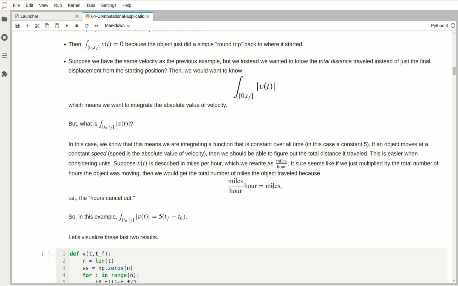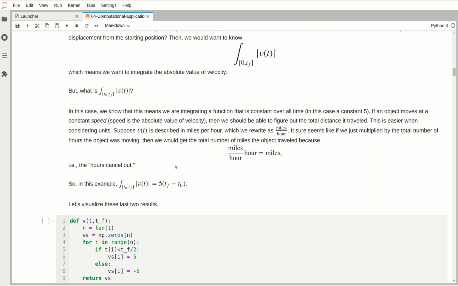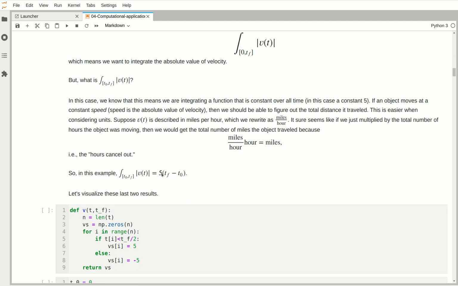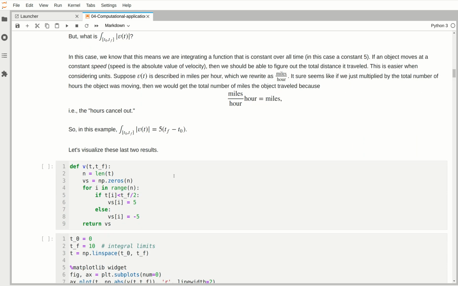This would be what shows up on your odometer in terms of the amount of distance you traveled. So in this case, this is given by 5 times t of f minus t naught, which is the length of time in hours. If 5 was given in miles per hour, the amount of time you traveled is tf minus t naught, assuming those units are given in hours. And you just multiply these two numbers together, 5 and the length of this interval.